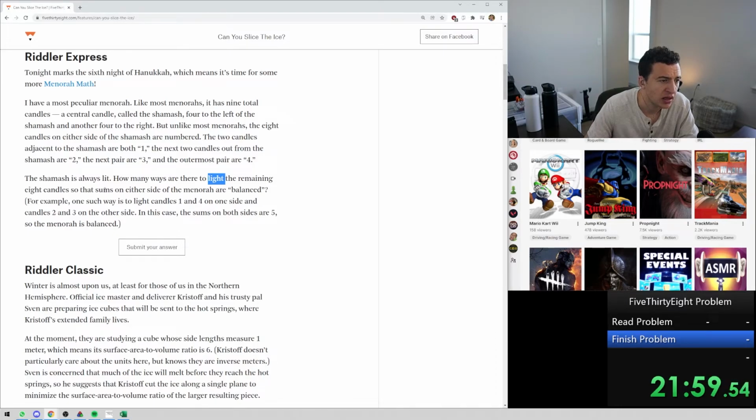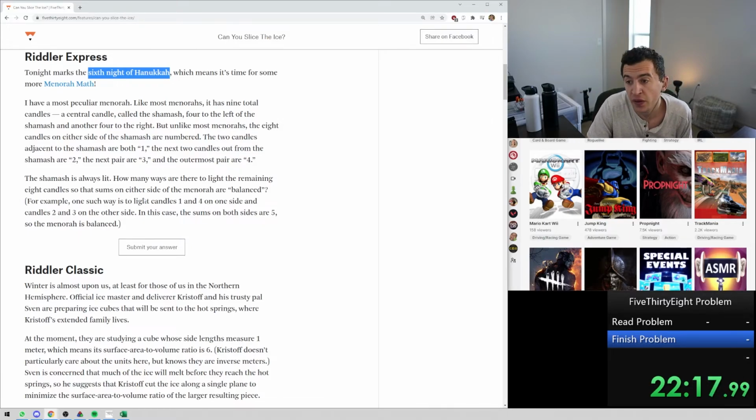The remaining 8 candles. No, it doesn't. Okay, so the fact that it's the 6th night of Hanukkah, does it have to represent the 6th night of Hanukkah? It doesn't seem like that's the case, because the example that they gave was the 4th night of Hanukkah. So we're ignoring that.